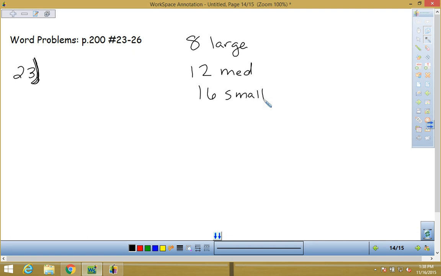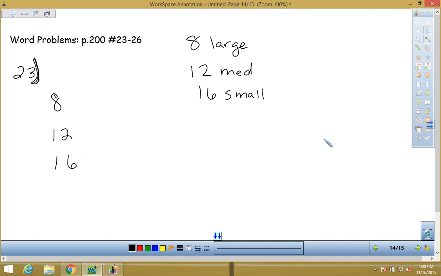What are we going to do? Find the what, Gavin? We're going to find the GCF. So when I look at these 3 numbers, let's see. Haley, which method would you like me to use?